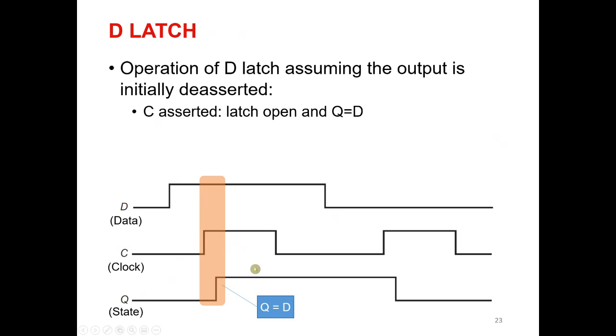And then this value is not going to change until C is asserted again, which means until C changes from 0 to 1, which actually happens at this point. At this point, the value of Q will be updated again, and in this case D is 0, so Q is updated with that state.